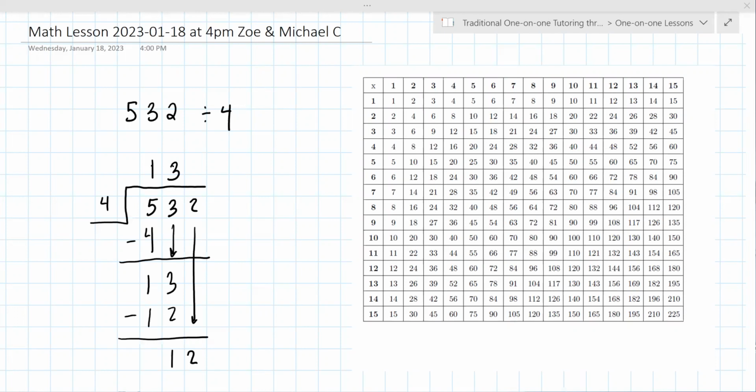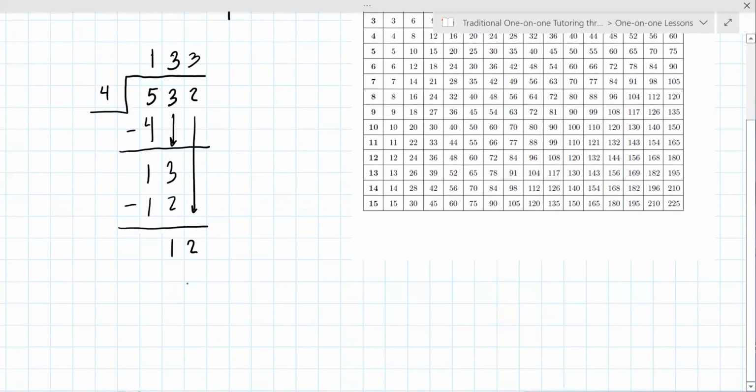How many times does 4 go into 12? So you just told me, 3 times. Yeah, perfect. And then when you do the last multiplication, 3 times 4 is 12. Subtract and get 0.